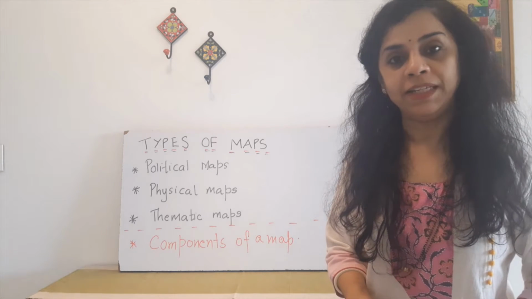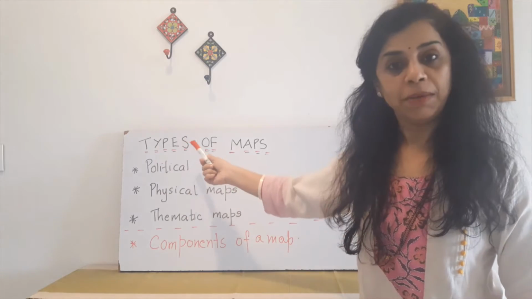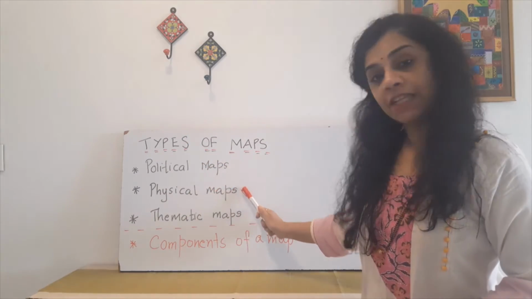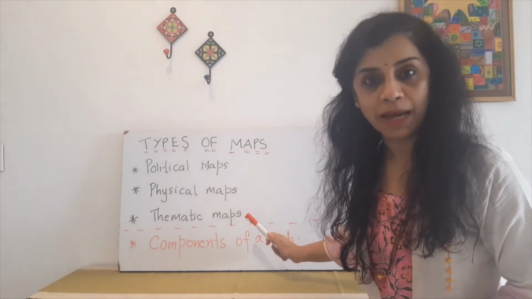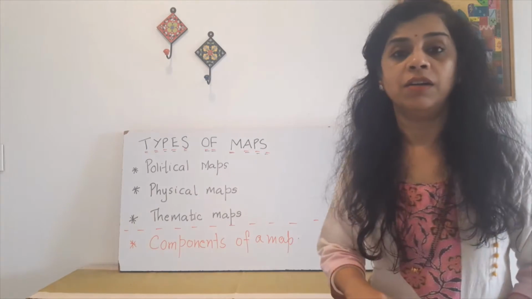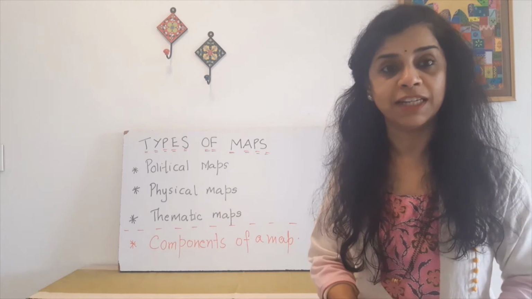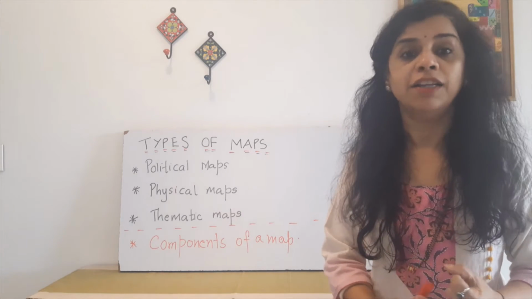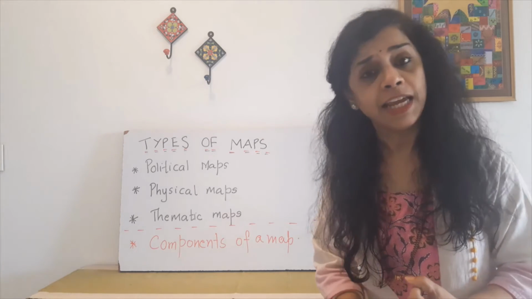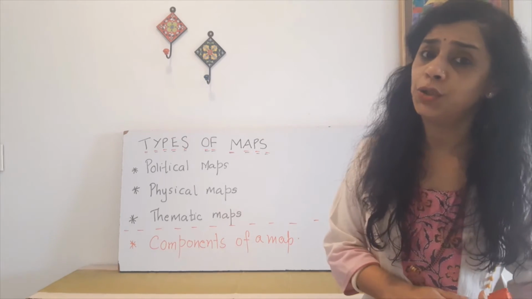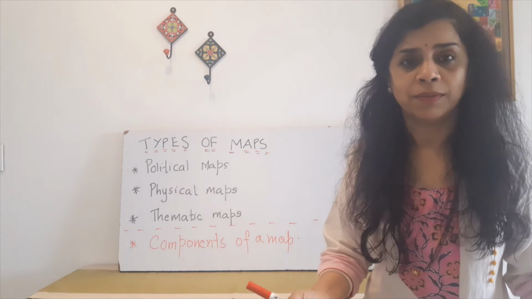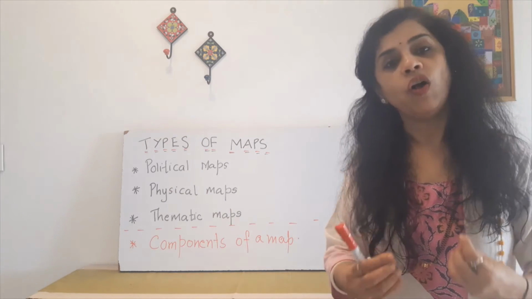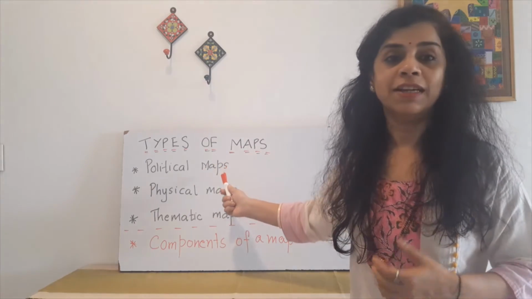What are the three main types of maps? The three main types of maps are political maps, physical maps, and thematic maps. Now what is a political map? When you want to study a continent, a country, a state, a village, a district, a town, their boundaries, their capitals, all these are shown in a political map.